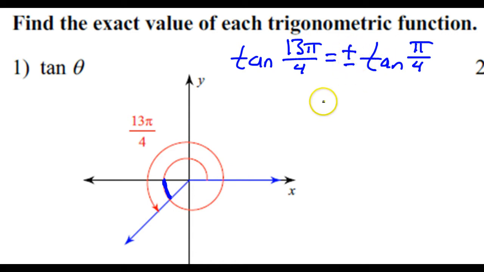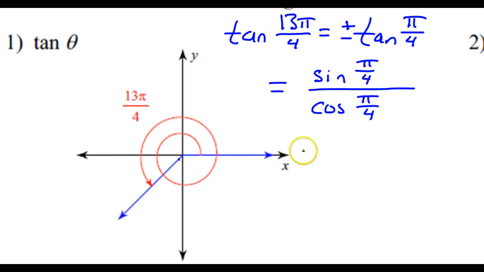In order to know whether or not we need to put a negative sign in front of it, we need to look at the quadrant. And they were kind enough to draw it for us, so we don't have to figure out what quadrant it's in. So, in the third quadrant, is tangent positive or negative?